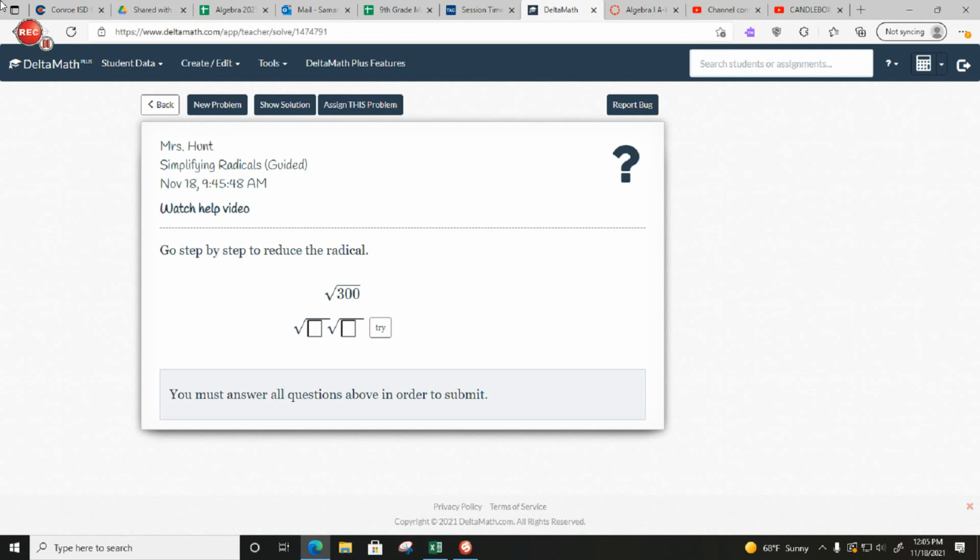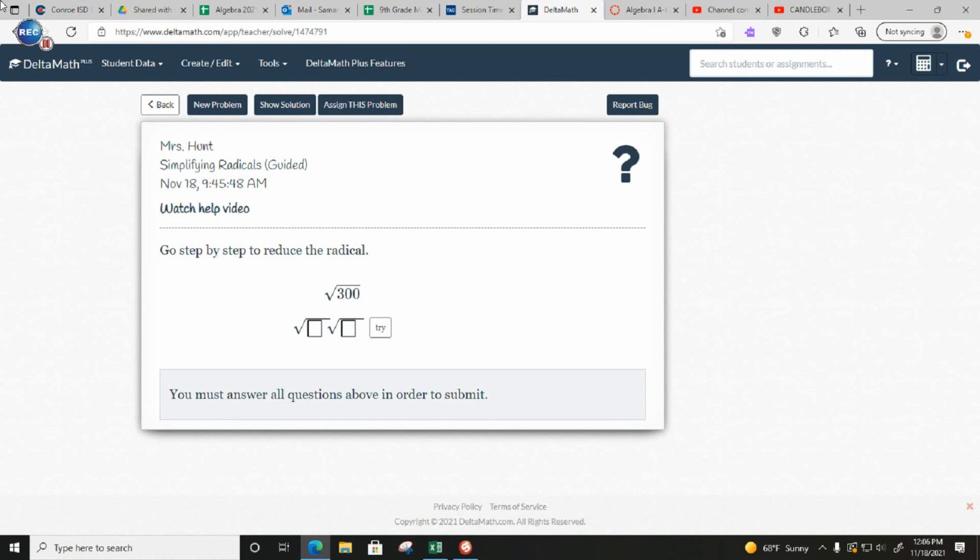So, you have to do the guided one using the perfect square method, okay? Tell me a number that 300 is divisible by that's on my perfect square list. We don't use 1. Look at the perfect square list. You wrote them. Tell me a number on the perfect square list that 300 is divisible by.